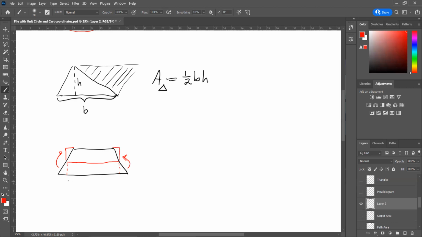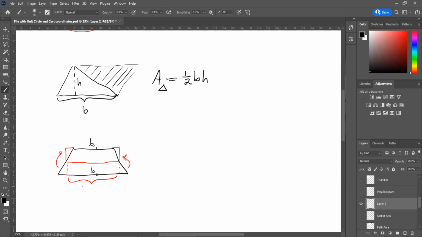But I see this length of the rectangle is a different shape. But notice it's halfway between the top base, we'll call base 1, and the bottom base, which we'll call base 2. So how do I get that number that's exactly halfway between them?